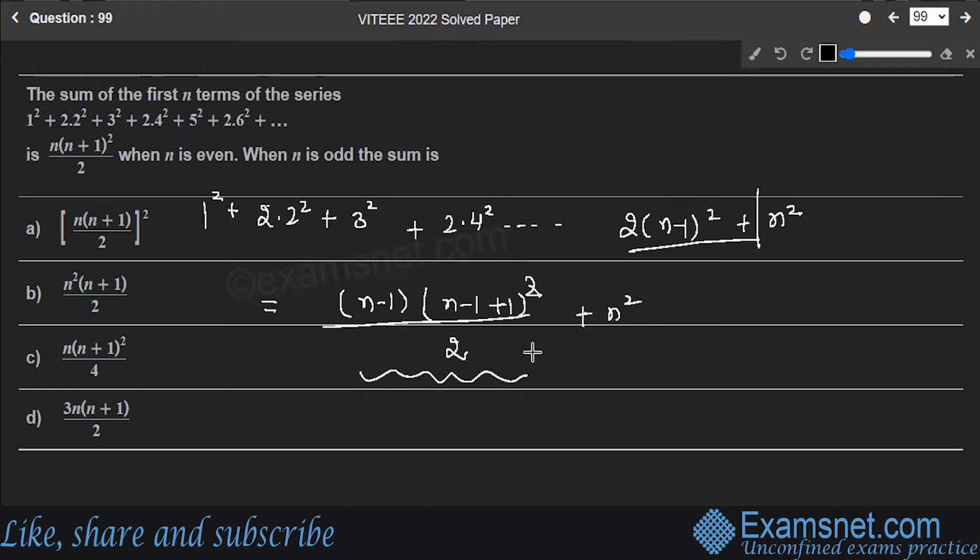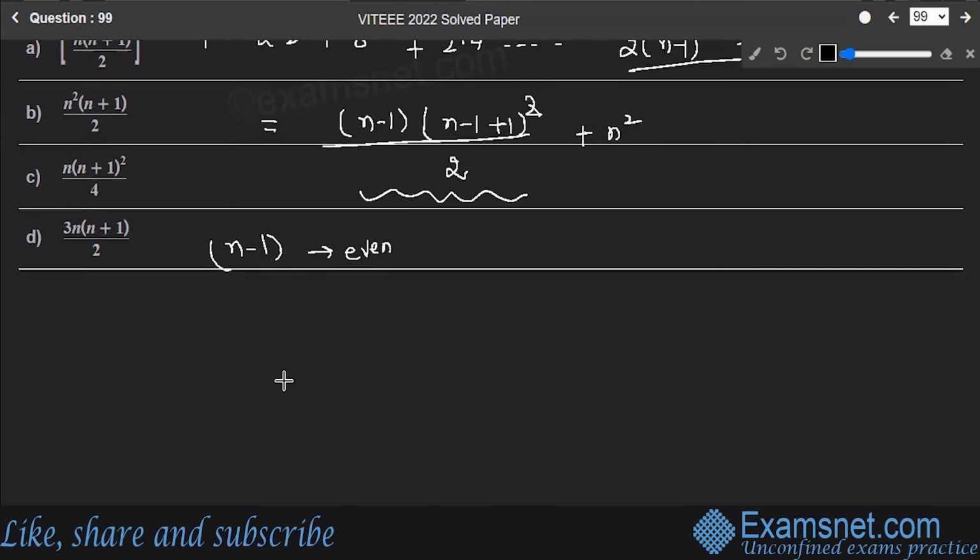Hope you understood. Now, if n is odd, n minus 1 is even. So I'm using the given formula for n minus 1 terms.